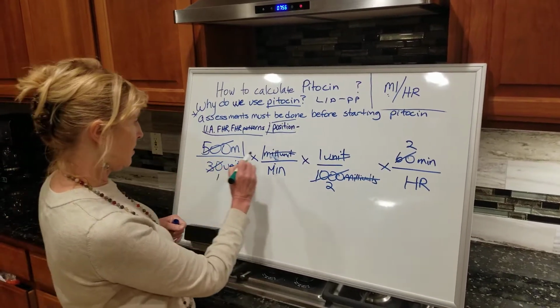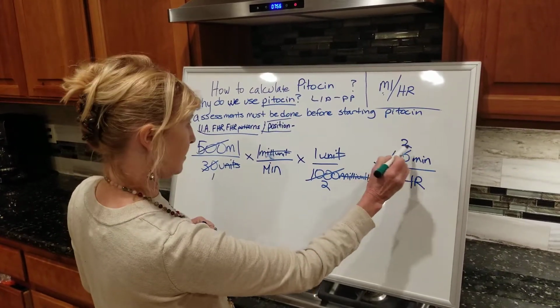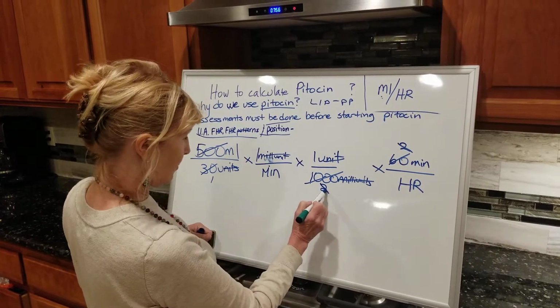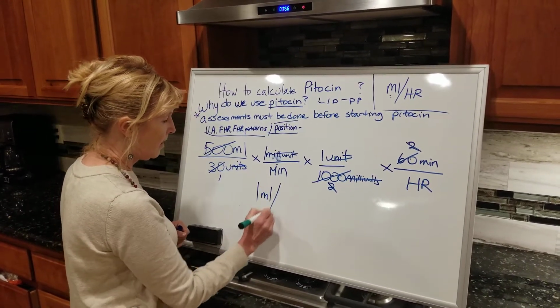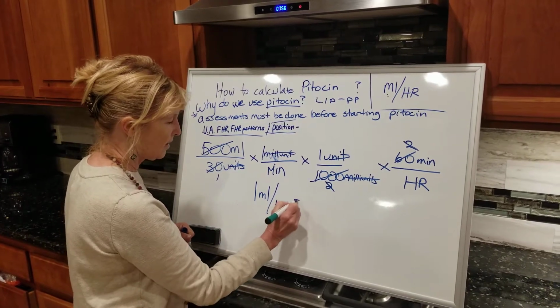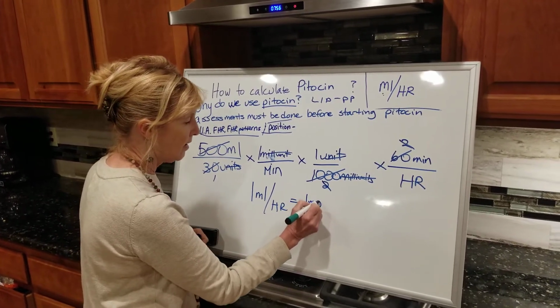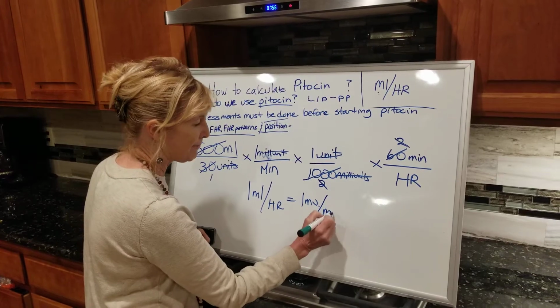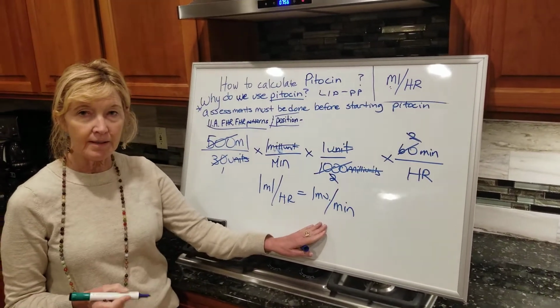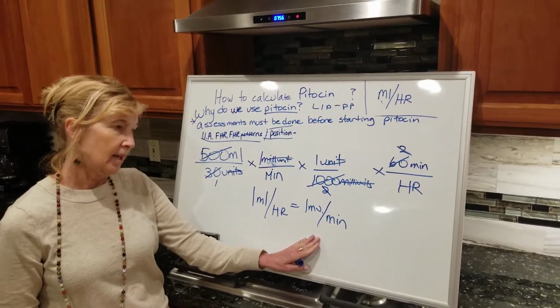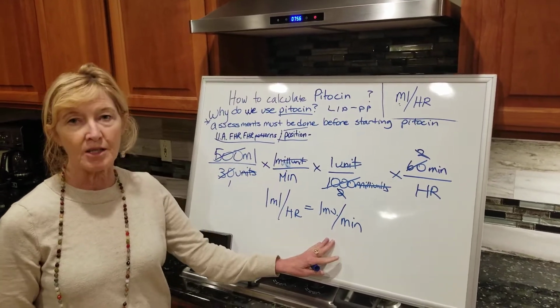So I have 2 divided by 2. So my pump rate is going to be 1 ml per hour, which is exactly equal to 1 milliunit per minute. Now, if the patient's tolerating this well, we're going to go ahead and just bump up her concentration.